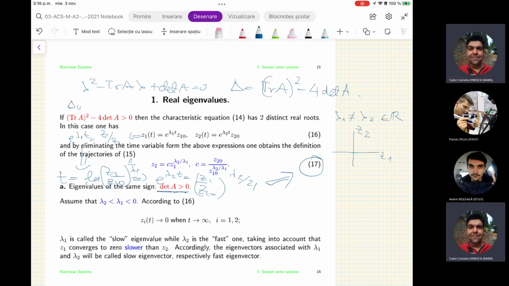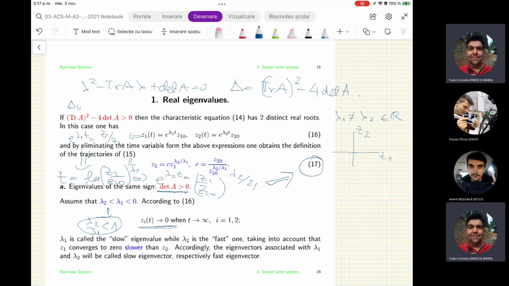And we assume that lambda 2 is smaller than lambda 1 and negative. Hence, if lambda 2 is smaller than lambda 1, then lambda 2 over lambda 1 is greater than 1.